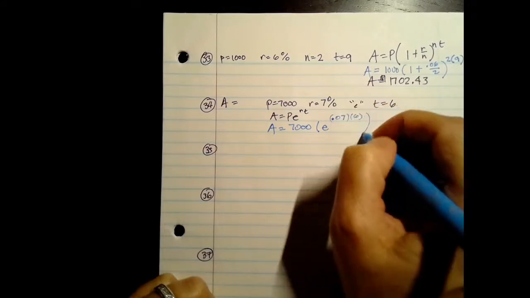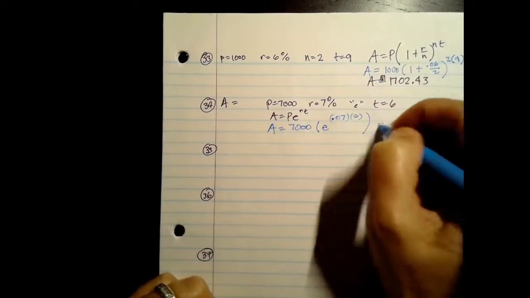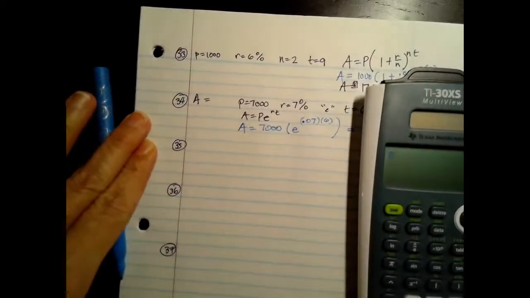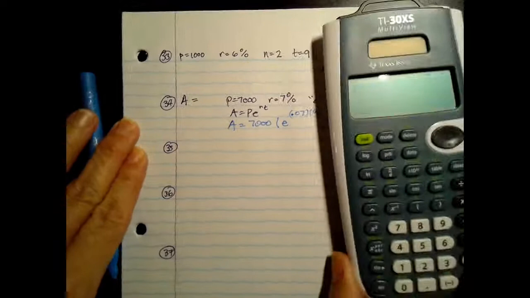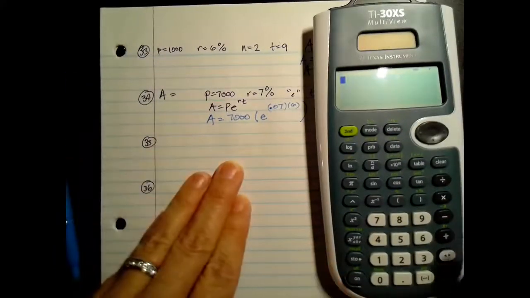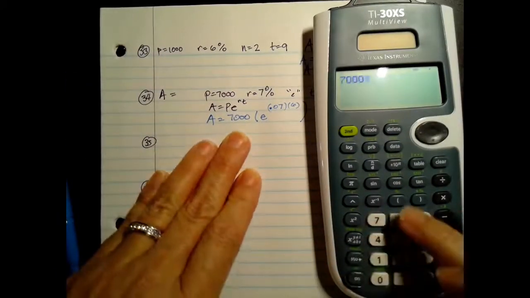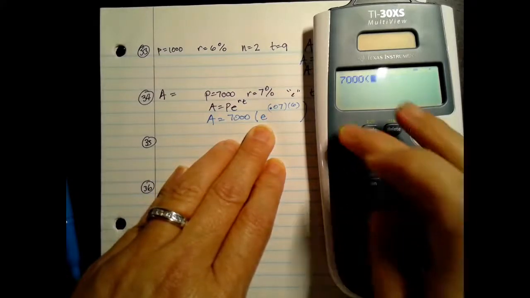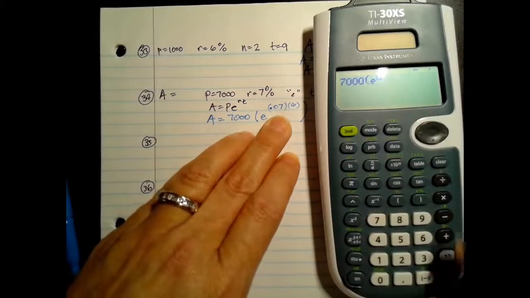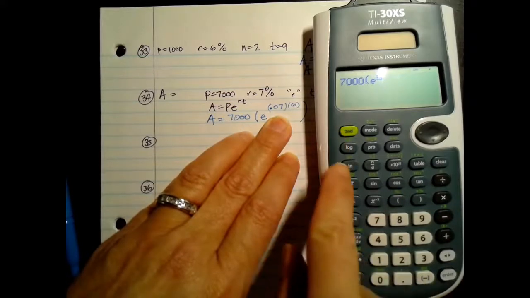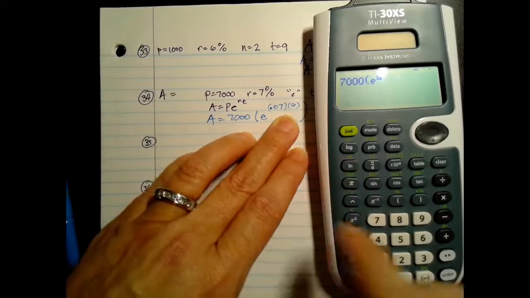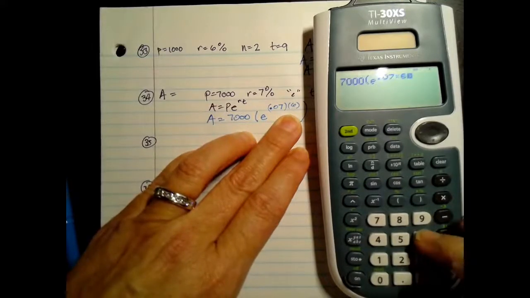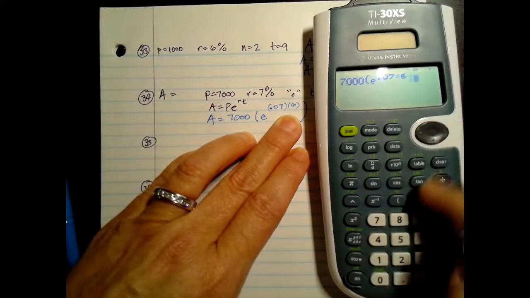And so on my calculator, I'll punch those in. So 7,000 parentheses E. That's right there. You have to press the second function to get to it. It's above the natural log. 0.07 times 6. Bump out. I'm going to close my parentheses.